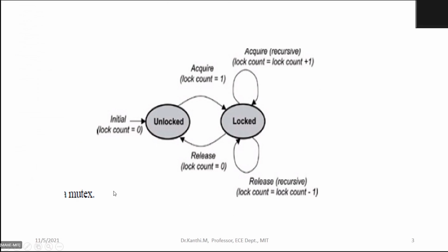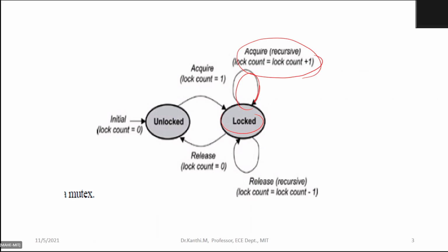So this is the simple state diagram for the mutex. This is called a recursive mutex. What you can do here is, it's recursive. The same process can acquire it multiple times, and release it.